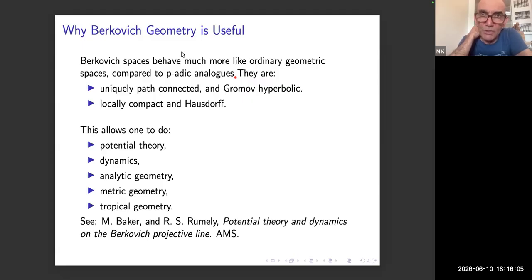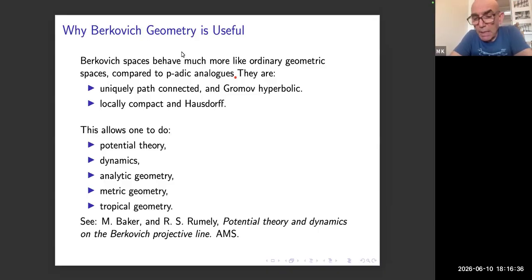That's one of the dreams of everybody working on this: to create a smooth path between finite places and infinite places. They should not be so different from each other, and here is one instance where this can be done. They are uniquely path connected, Gromov hyperbolic, locally compact, and Hausdorff. These properties are used.